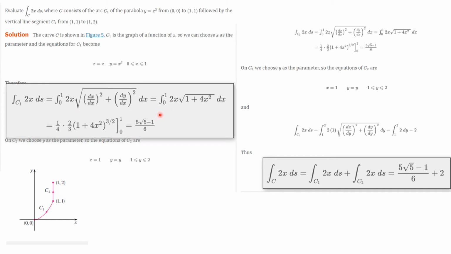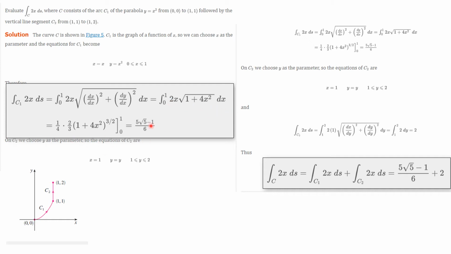And so we go from 0 to 1 now. When I take the derivative of x, I just get 1, so 1 squared is 1. When I take the derivative of x², I get 2x, and when you square 2x, you get 4x². So this is what I have.